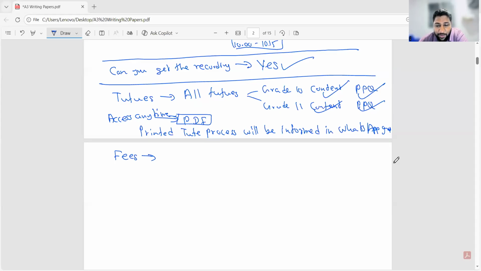Do you all have an idea about the class fee? No idea? The class fee is 100% free. I'm not charging a single rupee from you guys.